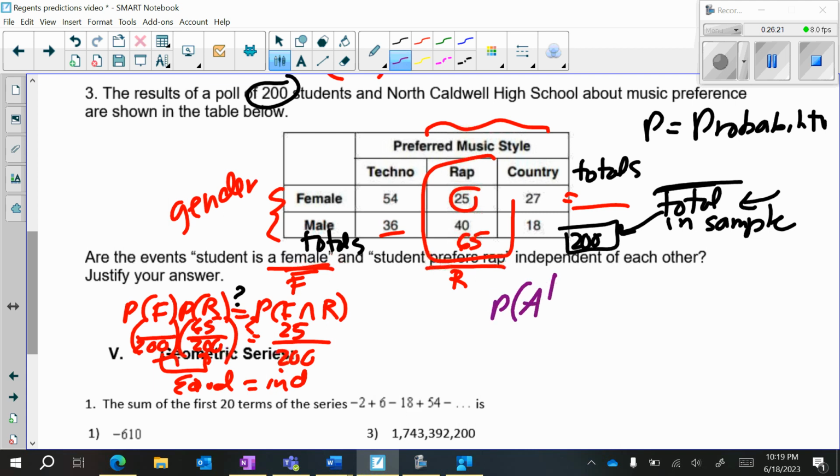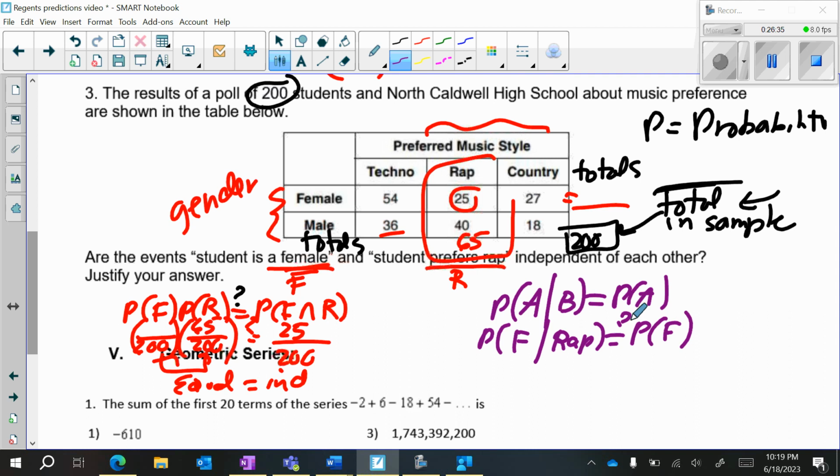Now, if you're someone who uses the other rule, it would be the probability of A given B equals probability of A. I don't recommend this rule because I think some of you mix up the order of this. But if you did do that rule, I would say probability of female given rap equals probability of just female.